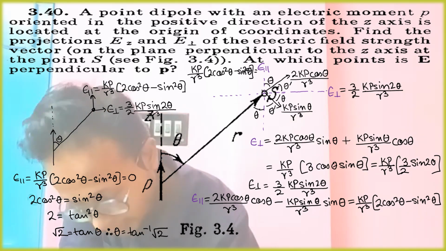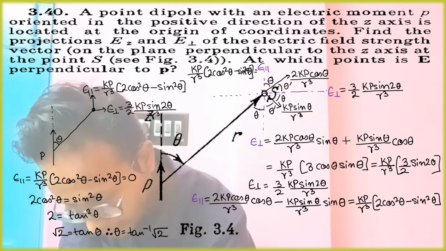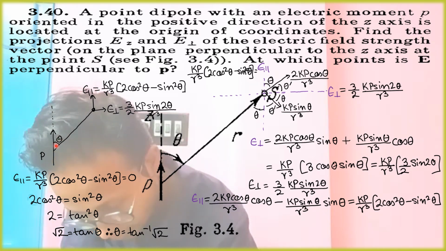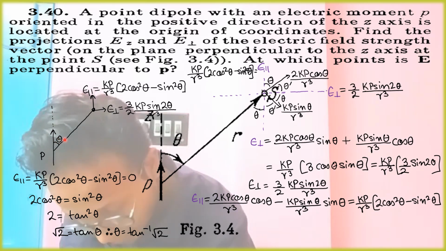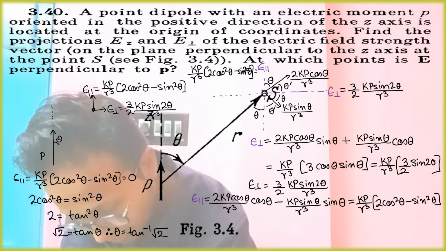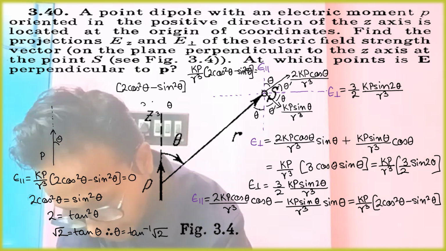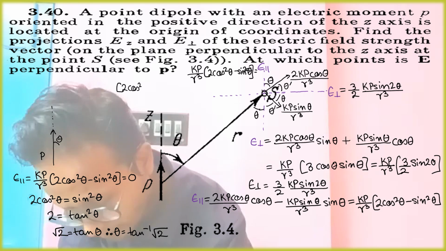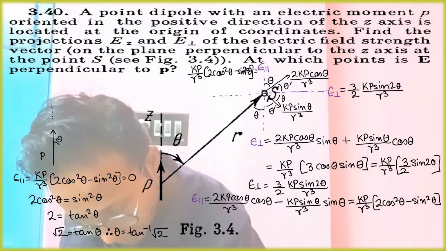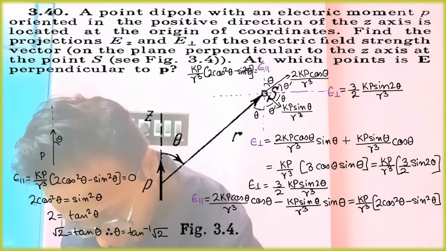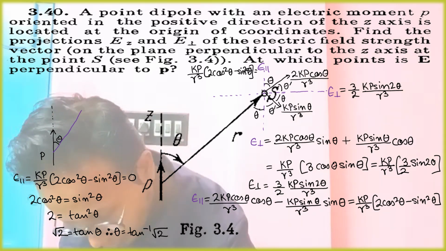So what I'm trying to say is, suppose this is the dipole, when theta is equal to tan inverse root 2, so that means for a certain angle theta, at every point in this space, when tan theta is equal to root 2, suppose I draw a line, I draw a cone out here.